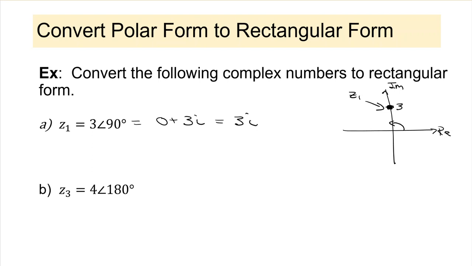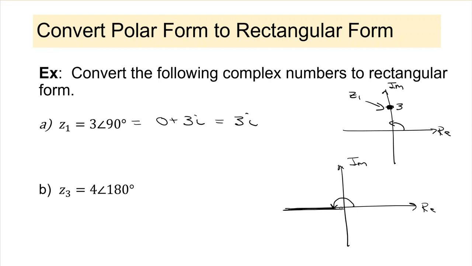We made the conversion. Let's do this next one: 4 angle 180. All right, same idea. Starting with the positive x-axis, we'll go over 180 degrees. So we're over here now.